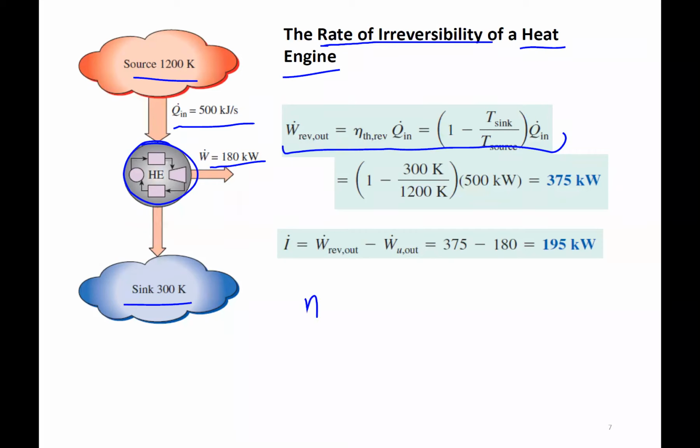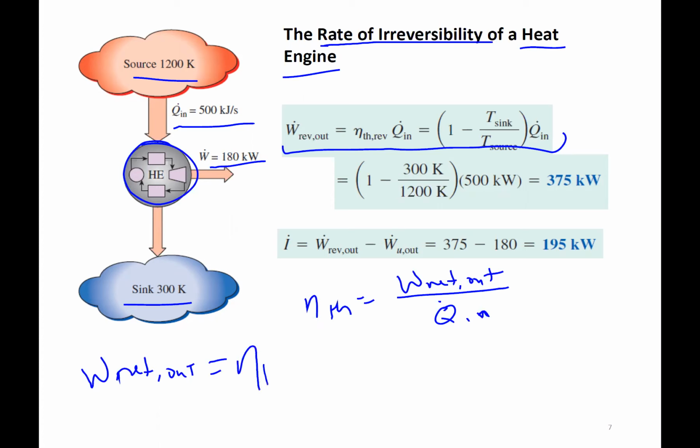As we know, the thermal efficiency is work net out over Q in, right? So if we want work net out, we just have thermal efficiency times the Q in.